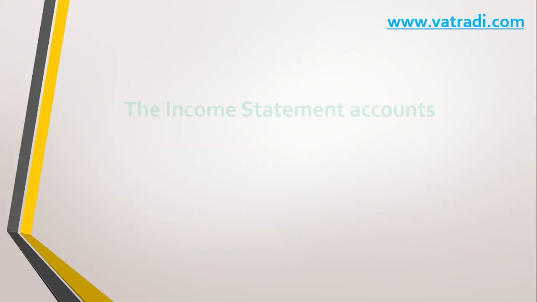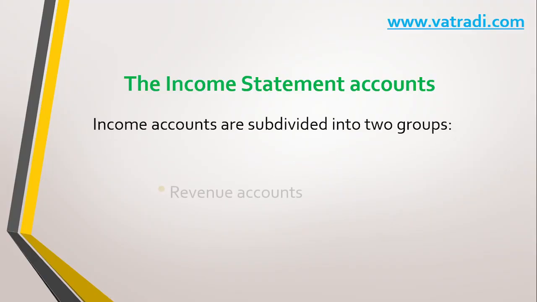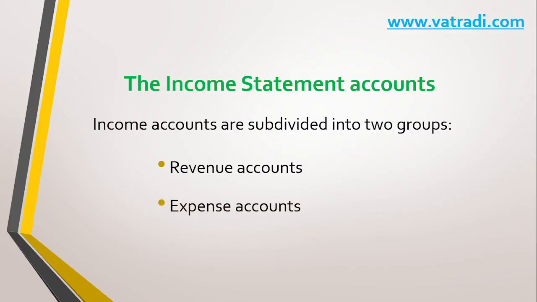With regard to the income statement accounts, we have GL codes that are part of the revenue accounts and the expense accounts. In relation to this, I would come back to what I said previously and make a comment: it depends on the business.